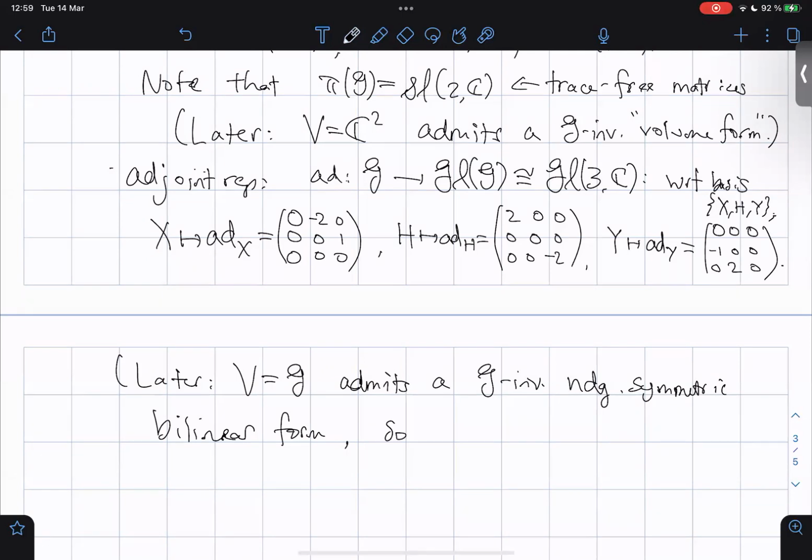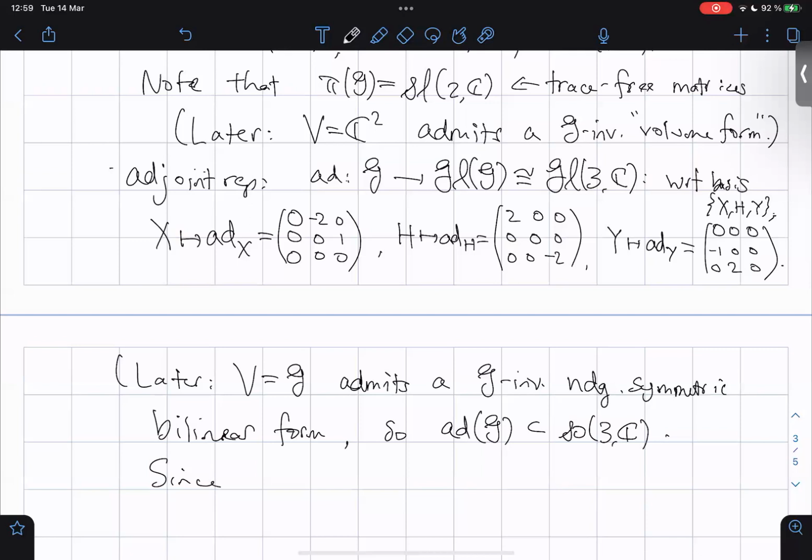So ad applied to all of these guys is, by default, sitting inside GLG, but because I have a symmetric bilinear form, it's actually sitting inside something smaller, SO3.